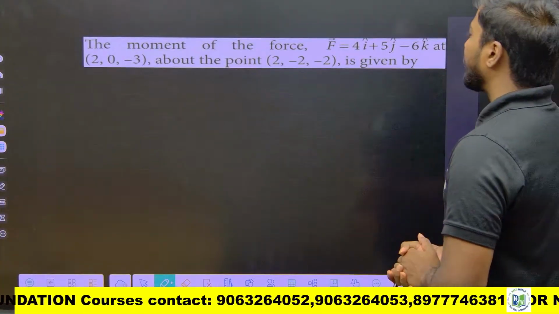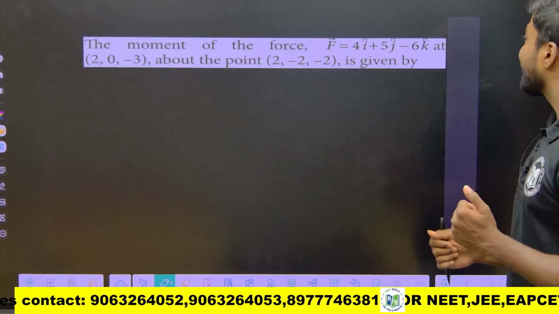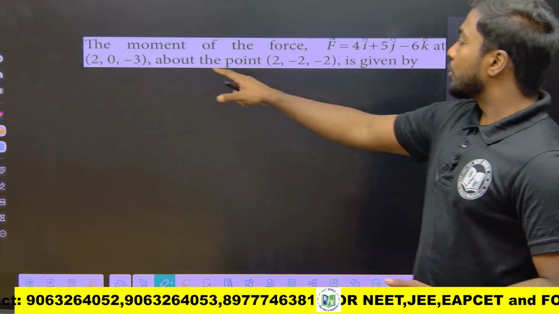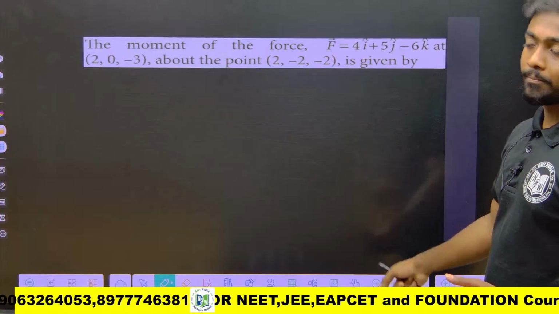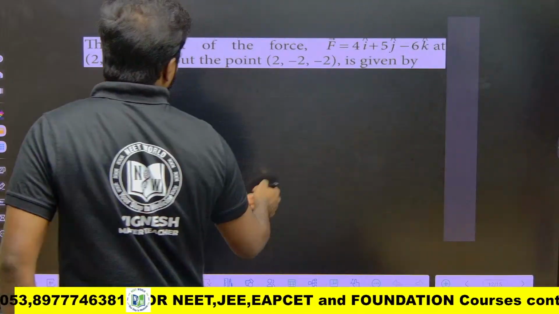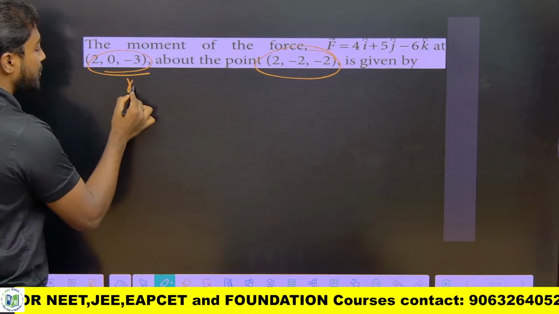Moment of inertia of the force F equals 4i cap plus 5j cap minus 6k cap at 2, 3, minus 3 about the point 2, minus 2, minus 2 is given. So the point is given, it is the initial point and there is the final point. So R initial, R final.